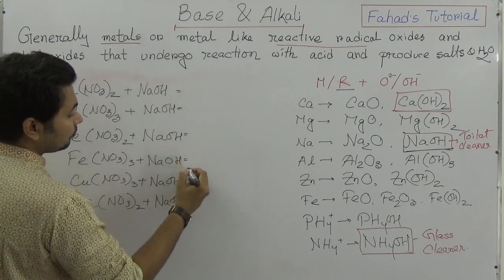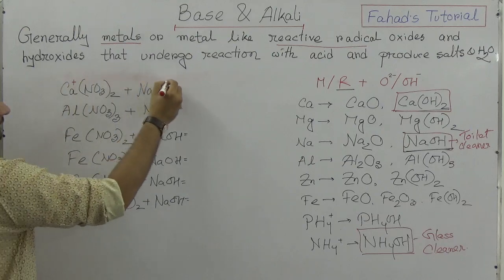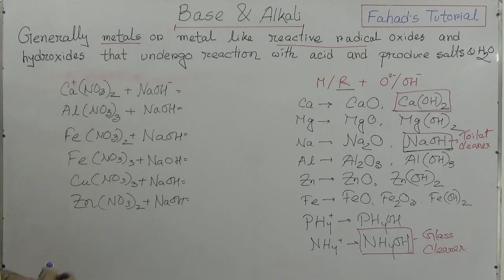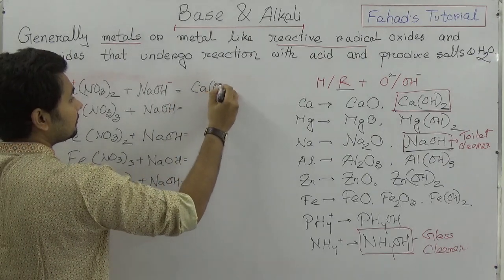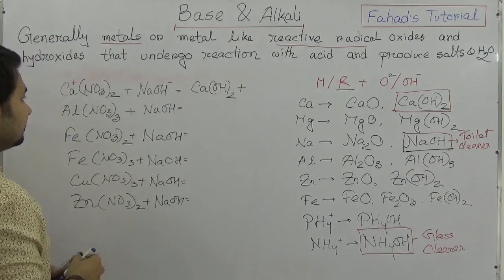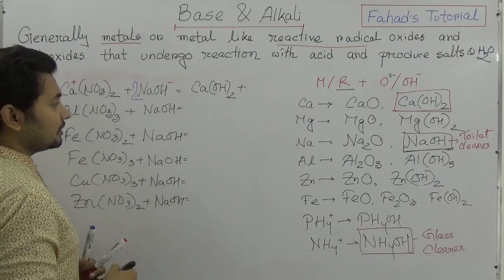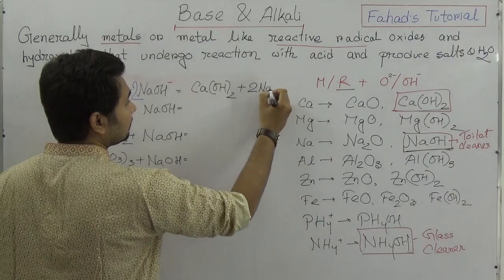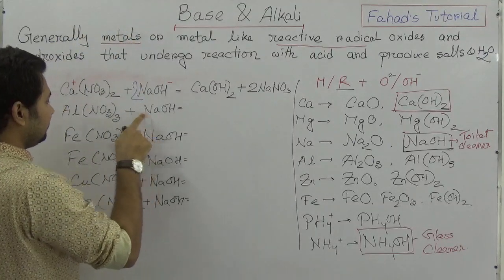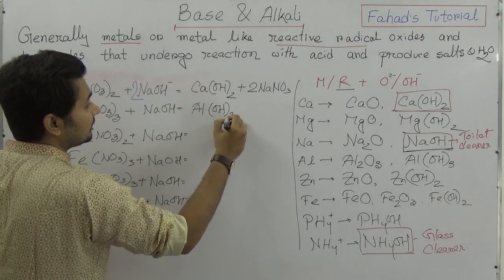So what would be the examples? First, this is calcium with a positive 2 charge. If it is added to sodium hydroxide, it will produce calcium hydroxide, and this is 2, so it must be 2 here, and then 2 molecules of sodium nitrate will be produced. Again, with sodium hydroxide, aluminium hydroxide will be produced.